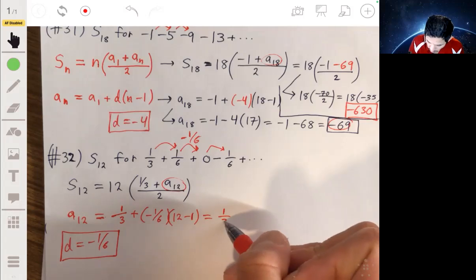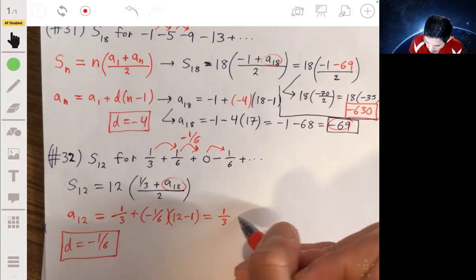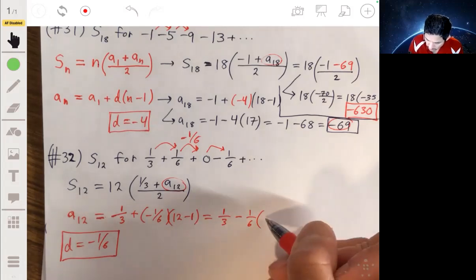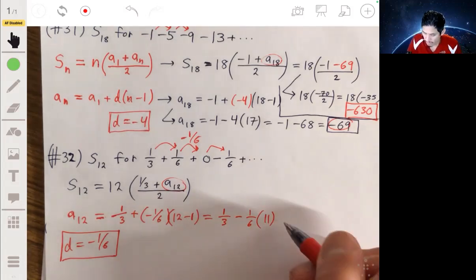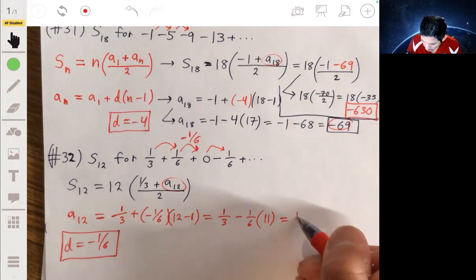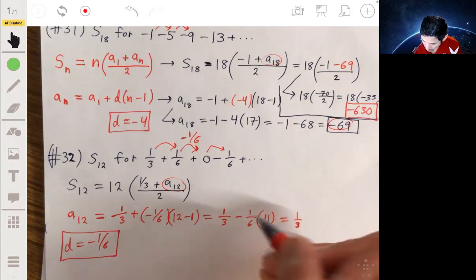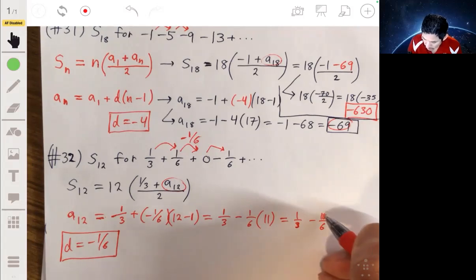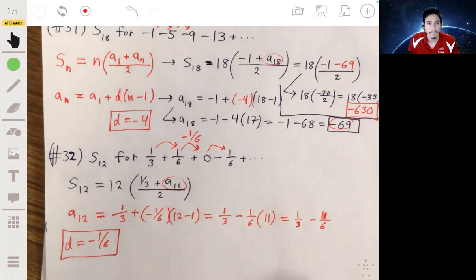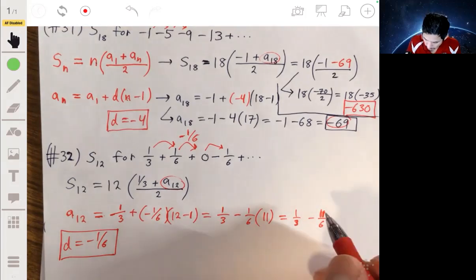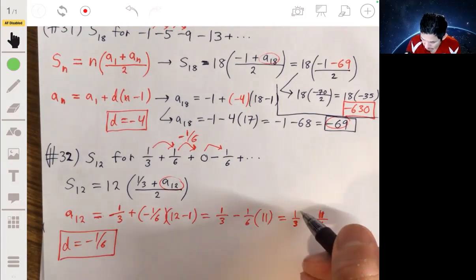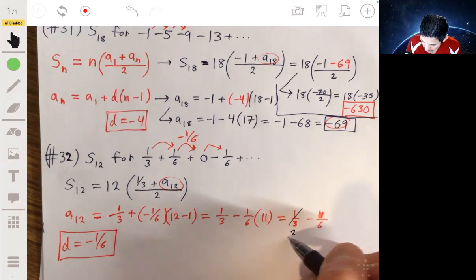So let's work this out. 1/3 minus 1/6 times 12 minus 1. So 1/3 minus 11/6. Converting them, 1/3 is the same as 2/6.